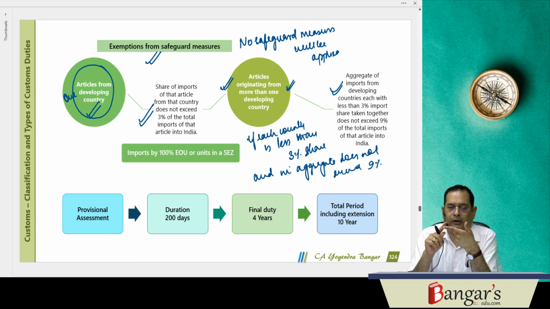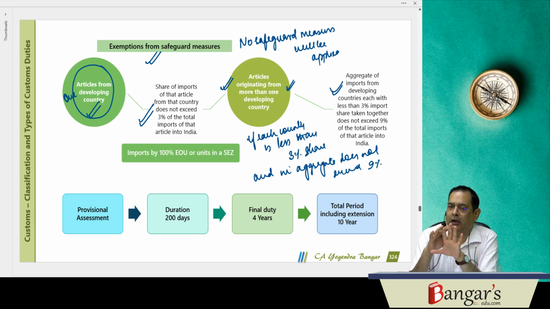So fundamentally, safeguard duty will not be levied if the article is originating from a developing country, if the share of that article from such country is less than 3% of the total imports of that article into India.